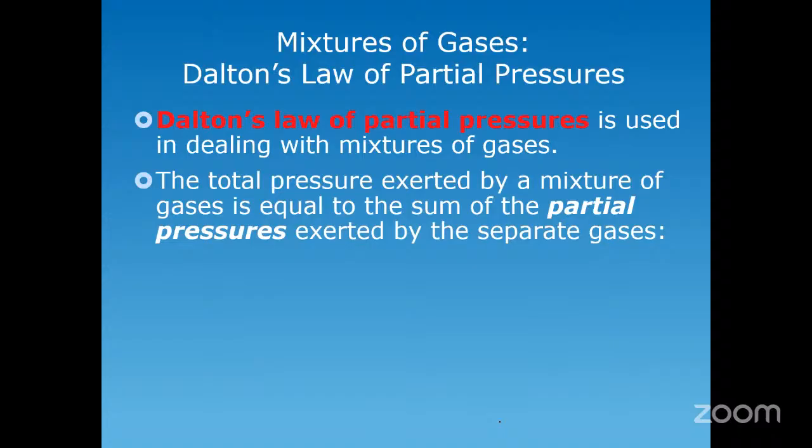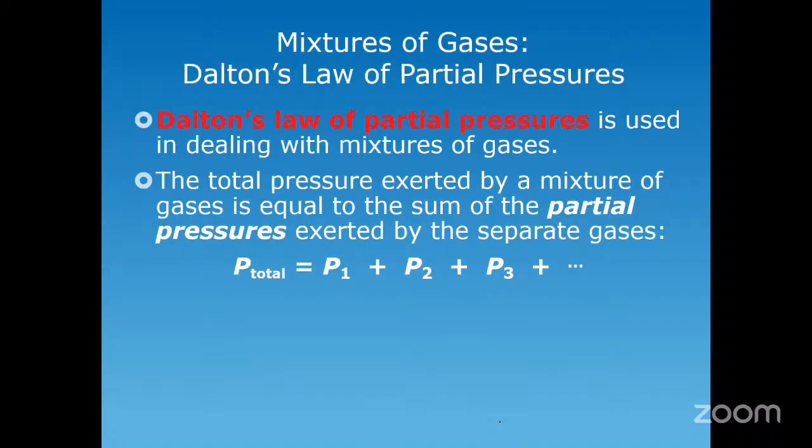So if you have a mixture of gases, such as the air we breathe, which is a mixture of mainly nitrogen, then oxygen, and then carbon dioxide and some other gases, the total pressure of that mixture would be the sum of the pressures of the individual gases. This is based on the idea that each gas will independently exert its own pressure.